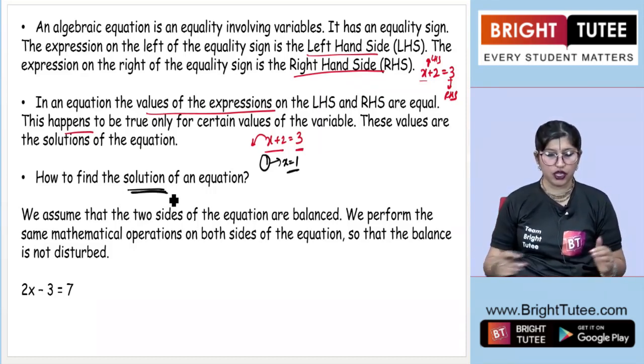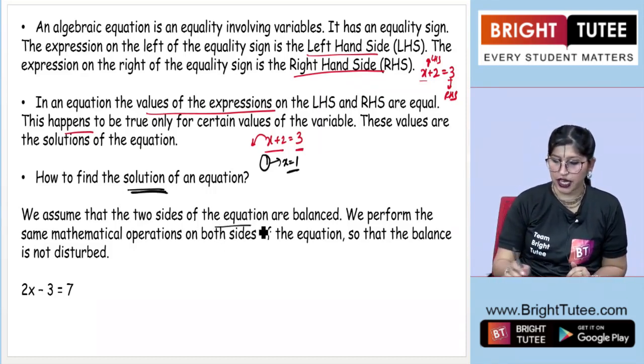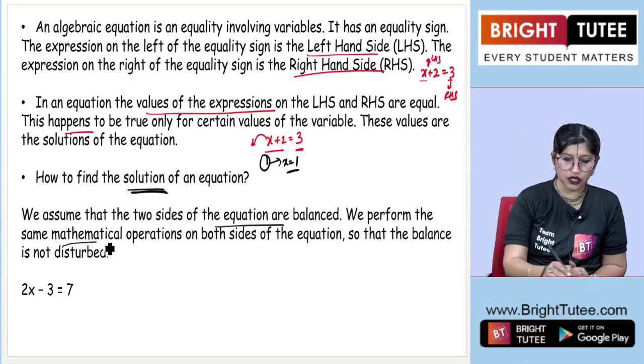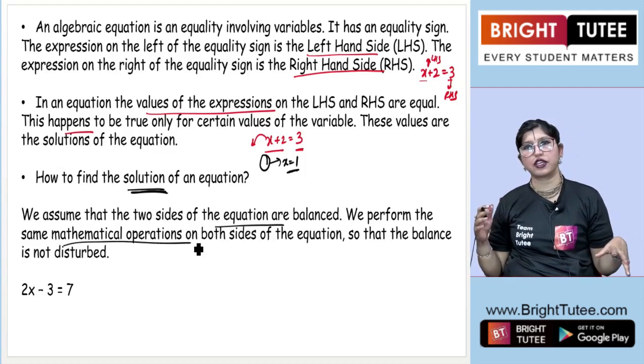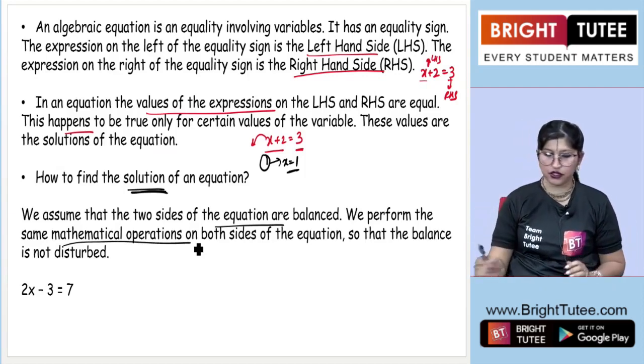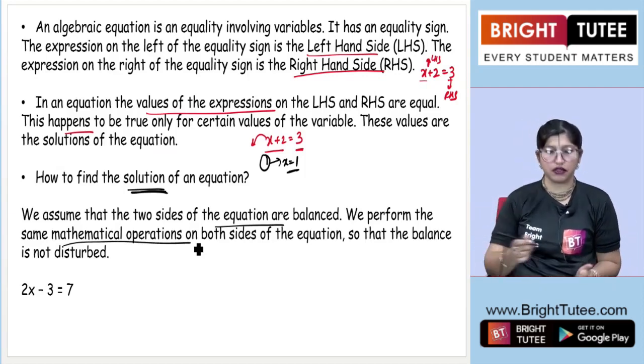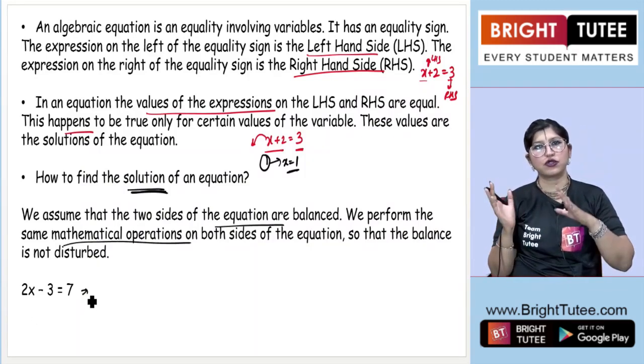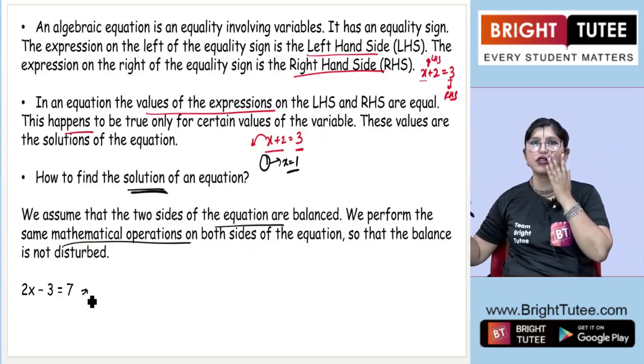So how do we solve it? We'll assume that the two sides of an equation are balanced, and we'll perform the same mathematical operations on both sides of the equation so that the balance is not disturbed. Let's start with an example. Let's say we have 2x minus 3 equals 7. We'll take x to one side and everything else to the other side.